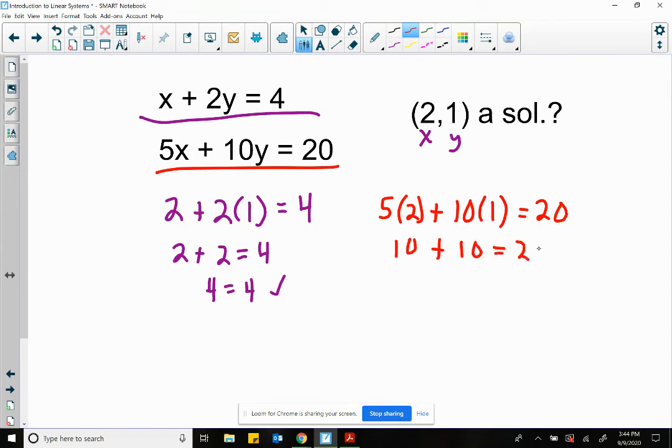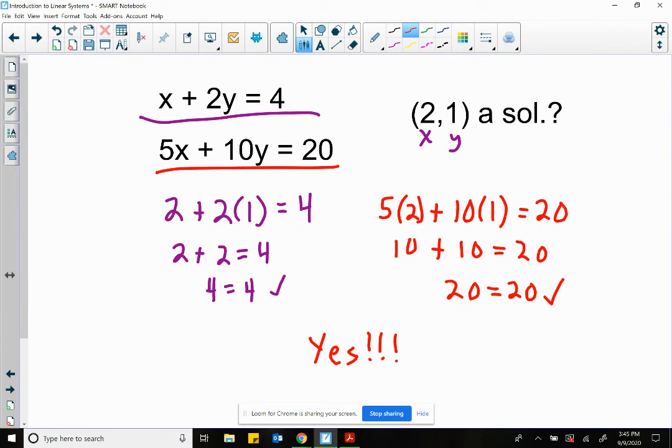So is 10 plus 10 equal to 20? Absolutely. 20 equals 20. So that checks out. So is this a solution? Absolutely. Yes, because it is true for both of them. So the point (2, 1) is a solution.